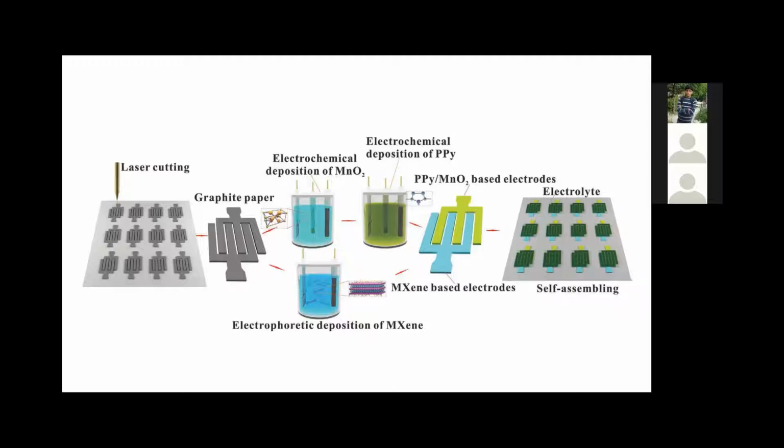Why did they use this EPD technique? Because in any electronic device fabrication, we need a very good thin film, and in EPD we can get this thin film. But in the case of spin coating, we cannot get a uniform thin film. So nowadays people are using EPD.